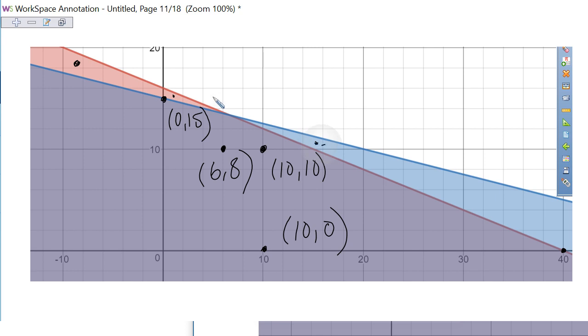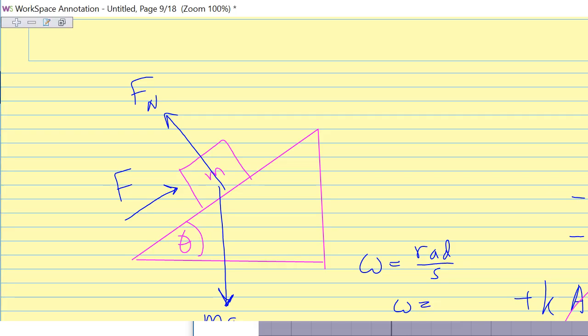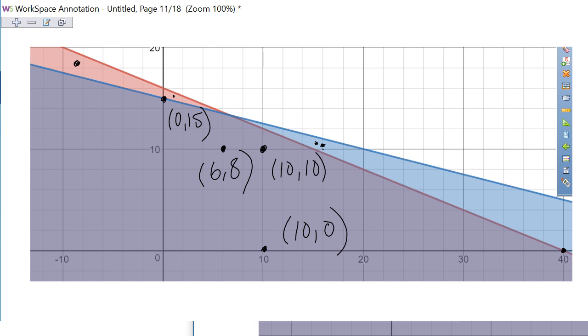So that would be over 12, 14, 16, and up 11. Or even 10. How about 16, comma 10? 16 cats and 10 dogs. How about 20 cats and 9 dogs?